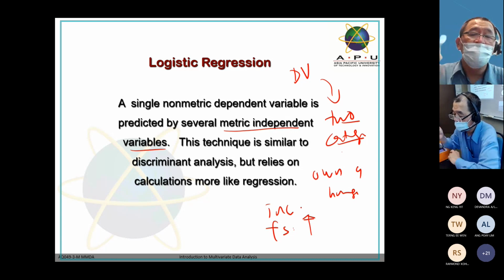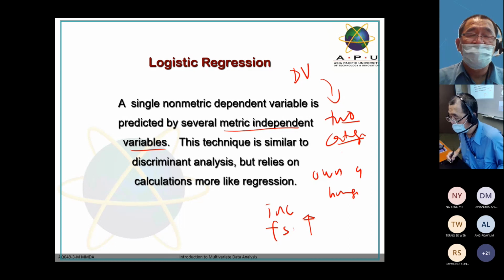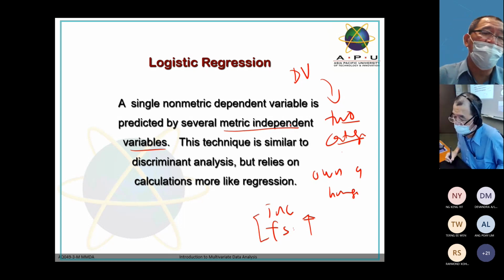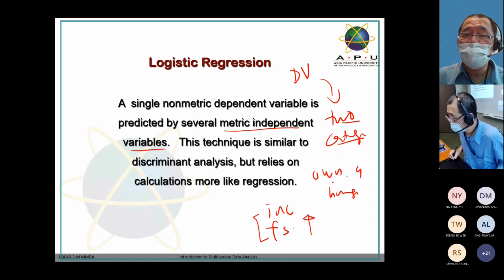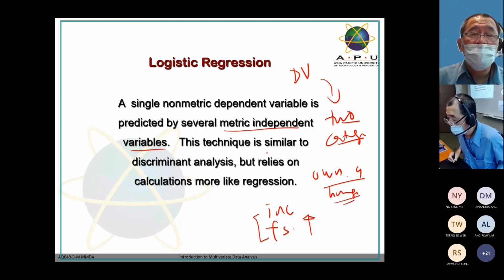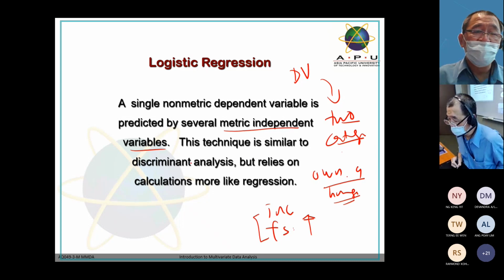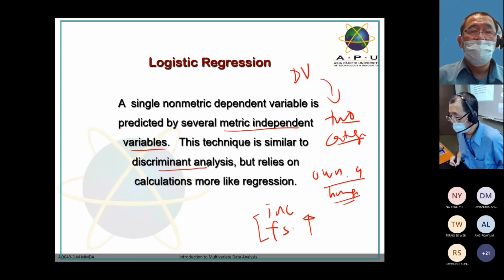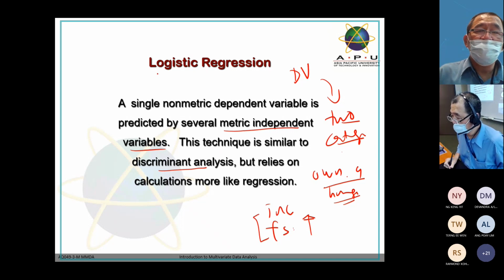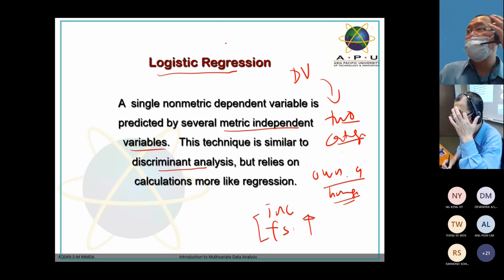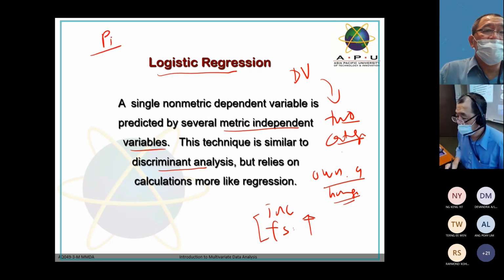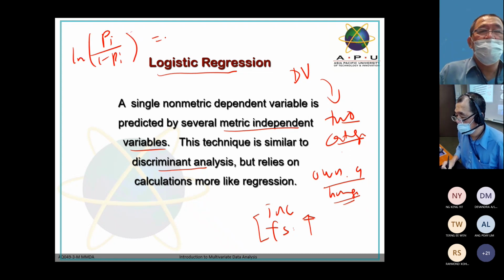So these two factors can be important independent variables that affect the ownership of a house. This is quite similar to discriminant analysis, but using this method we will get an equation. Basically, it's like this: log of Pi over 1 minus Pi.